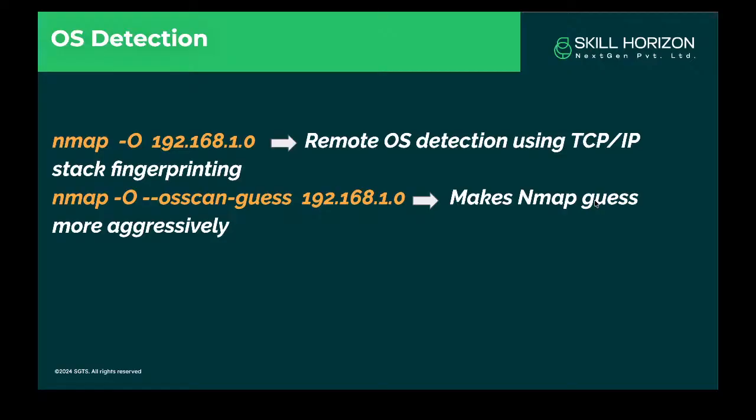Similarly, you can use another version of that option, which is --osscan-guess. If you include this option, then Nmap guesses more aggressively. So your OS detection will be performed, but now Nmap tries to guess the operating system more aggressively. So that option is useful. You can use this.